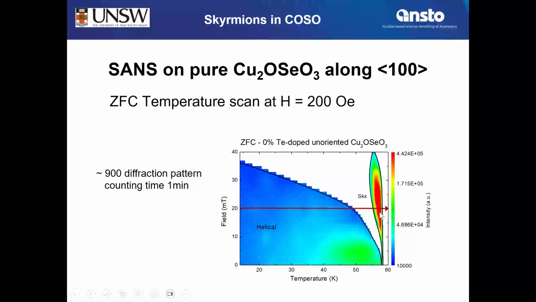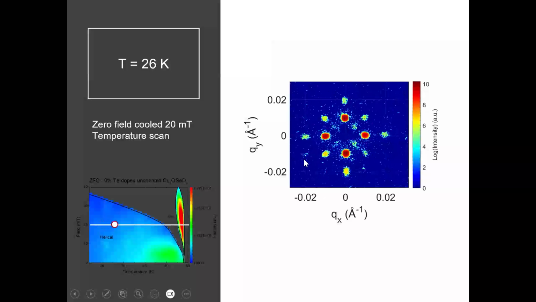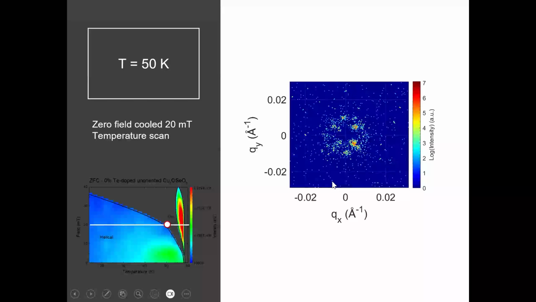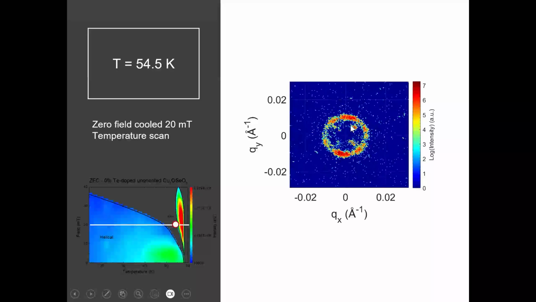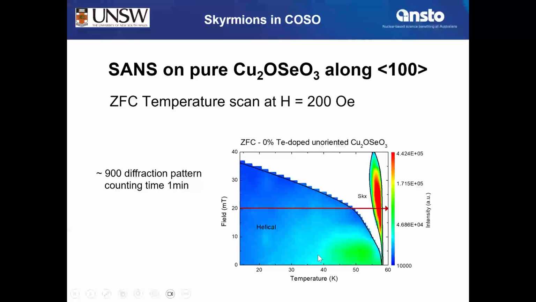And then in the skyrmion phase, 6 Bragg peaks or a ring type structure. So let me start that video. We are starting at low temperature, helical, 4 Bragg peaks and higher orders. Now they disappear, completely gone, and now we see 6 Bragg peaks for the skyrmion phase. So that was a movie of the raw data measured on Quokka.